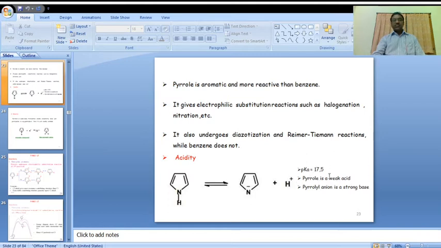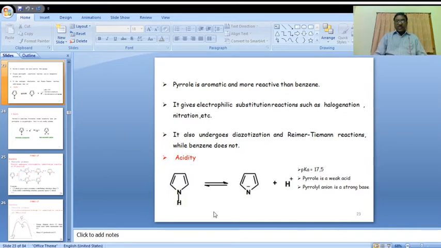The pKa value is 17.5. Here the pyrrolyl anion formed is a strong base.